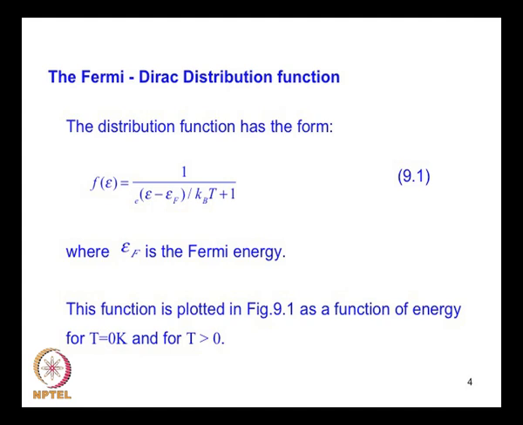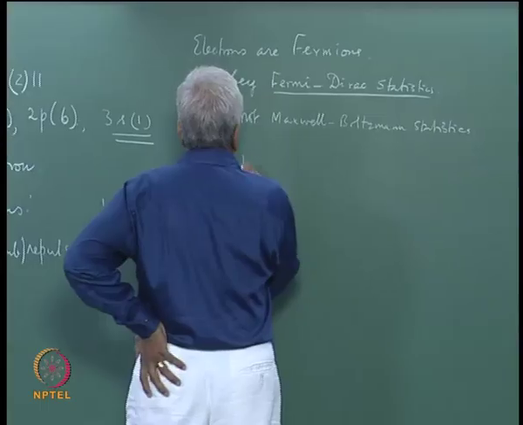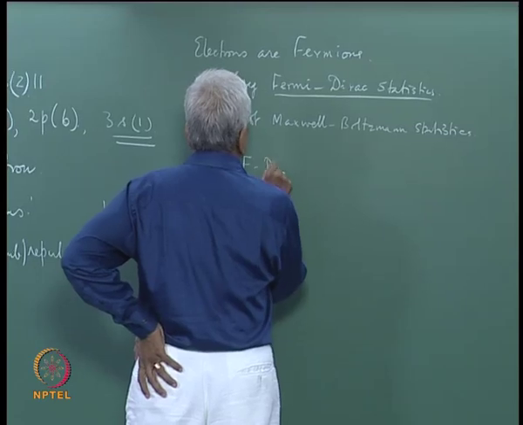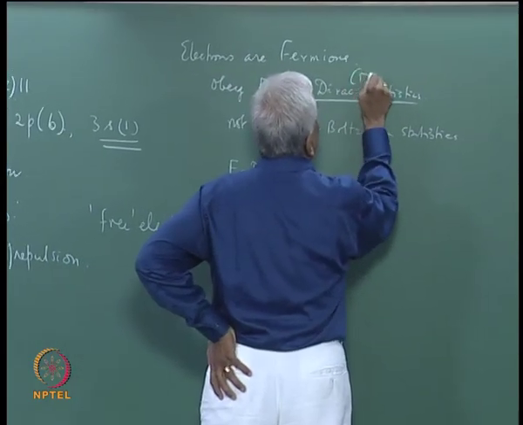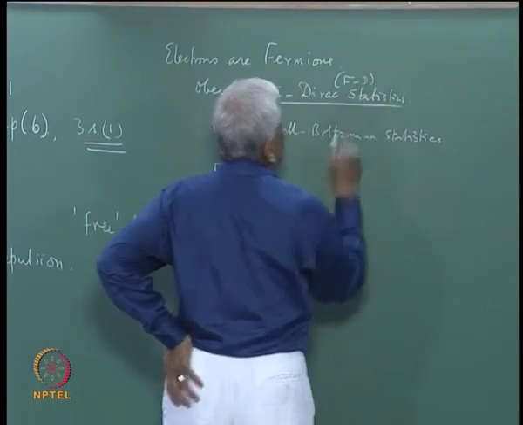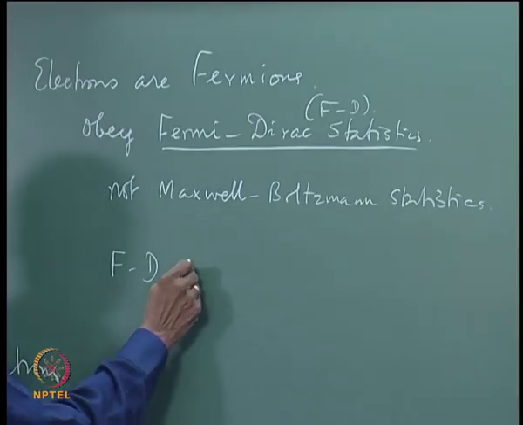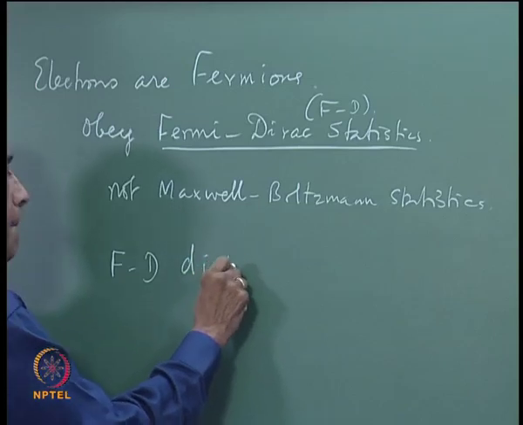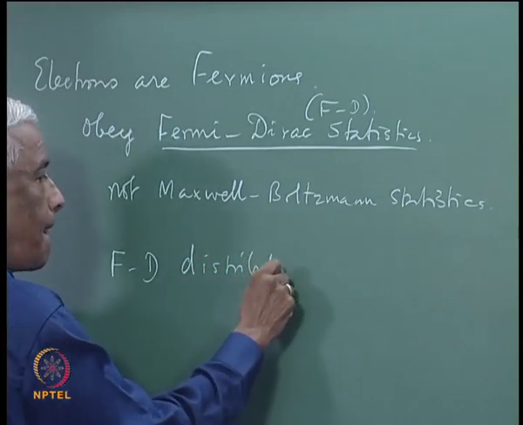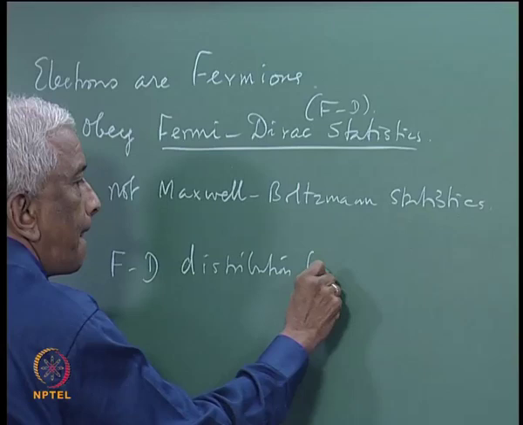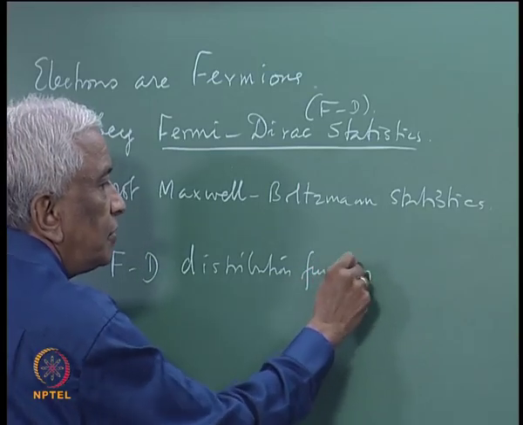This is a rather important factor, the Fermi-Dirac distribution function. I will write it as FD for short. The Fermi-Dirac distribution function has the following form.